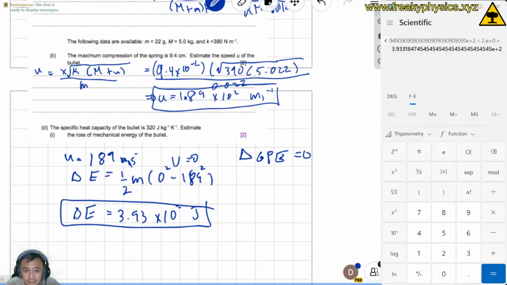Okay. And why are we given the specific heat capacity? I think it's for the next bit, part 2, but it's not here. I think it's a good idea to send that over because part 3 is given, right? You have part 2? Yeah, I have to find it. One second.